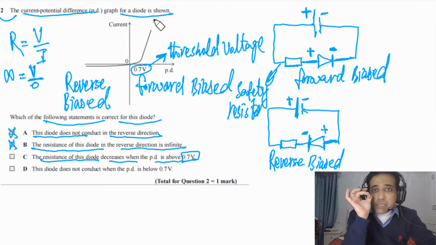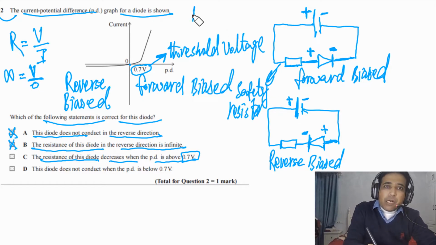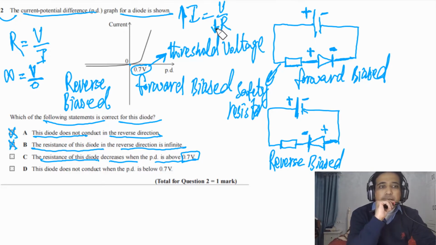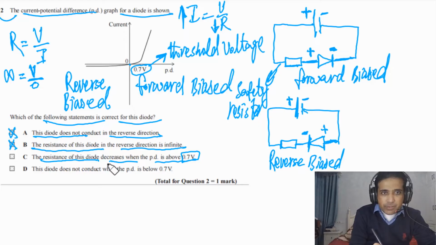It means resistance decreases rapidly, because I is equal to V by R. If this increases rapidly, this has to decrease rapidly. So it means resistance decreases when the PD is above 0.7 volts. Yes, after this resistance is decreasing.